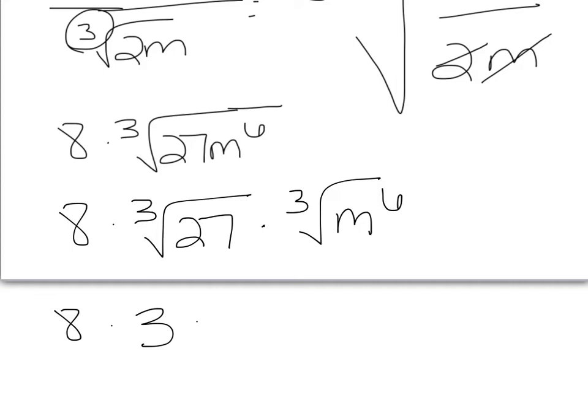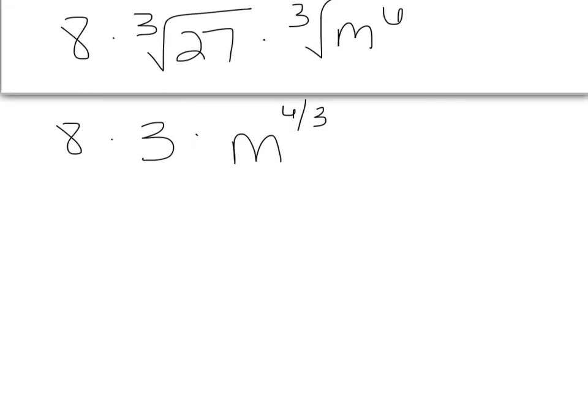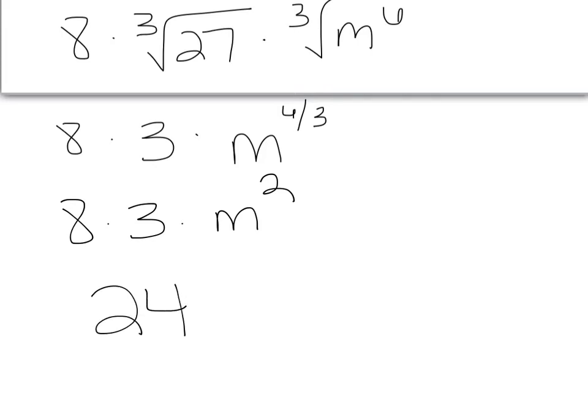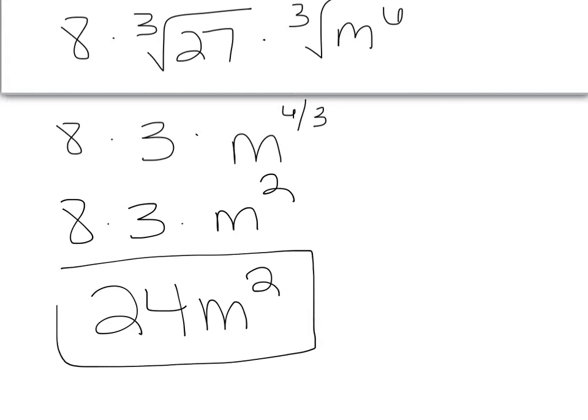So it becomes 6 divided by 3. So this becomes m to the 6th divided by 3. And we know that 6 divided by 3 is just 2. So this becomes 8 times 3 times m squared. So if we want to clean this up a little bit, we know 8 times 3 is 24. And m squared we're just going to leave alone.